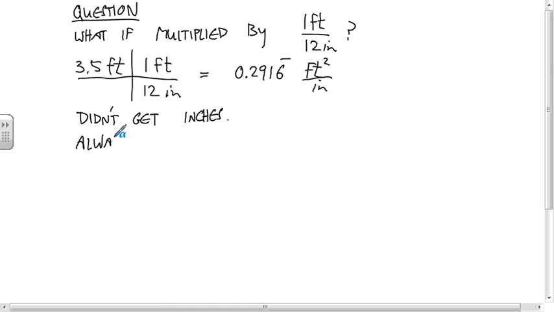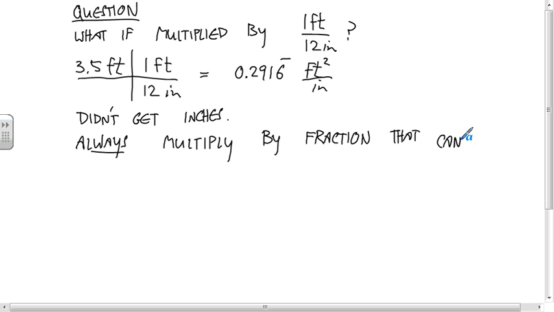So what you want to do is always multiply by the fraction that cancels the unwanted units. In that example problem, the unwanted units were feet.